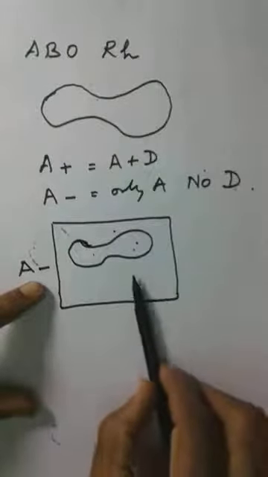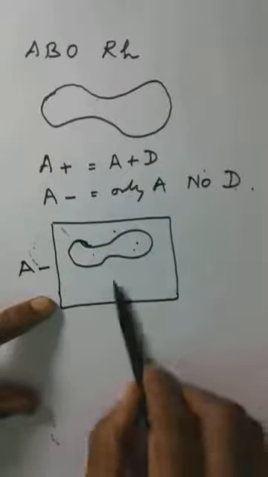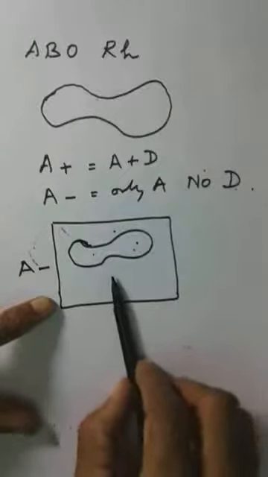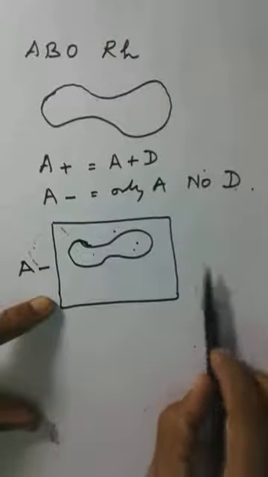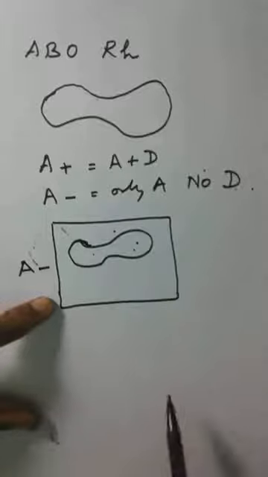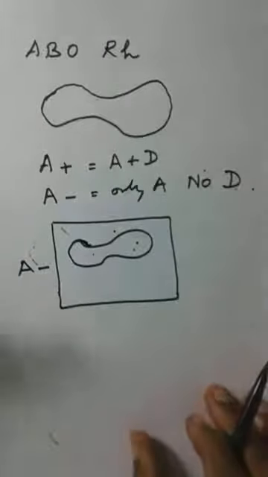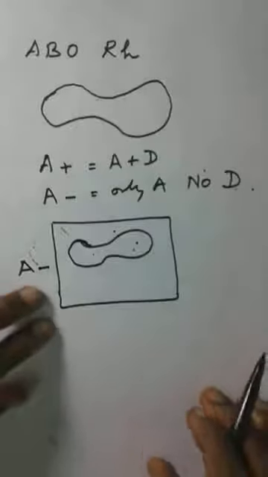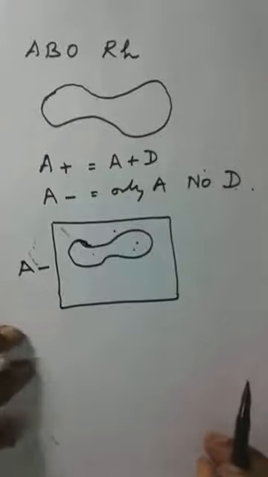And in the second child, there is chance for this anti-D to go back to the second child, not the first child. Second child will have problems. This I will explain, I think, in a next video in detail.